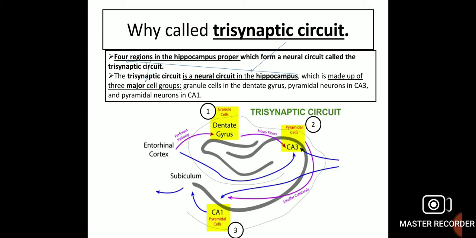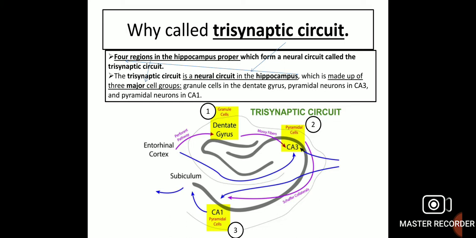So what is the trisynaptic circuit, and why is it called that? The trisynaptic circuit is a neural circuit in the hippocampus. The 4 regions in the hippocampus proper form a neural circuit, which is made up of 3 major cell groups: granular cells in the dentate gyrus, or DG region, and pyramidal cells in CA1 and CA3.